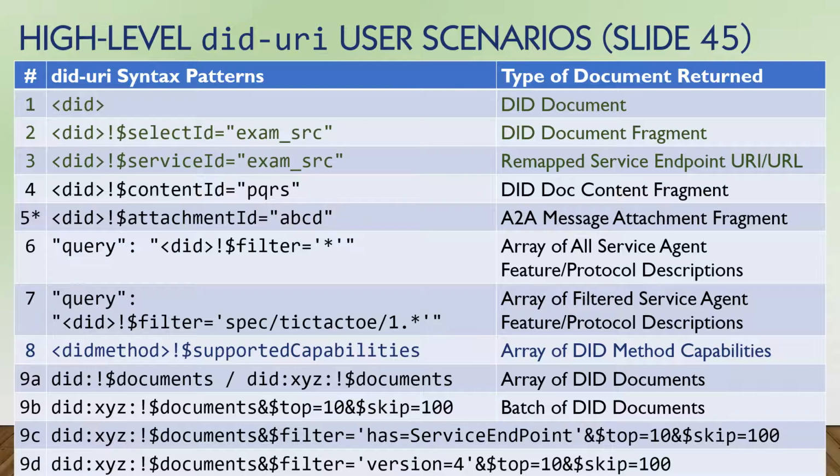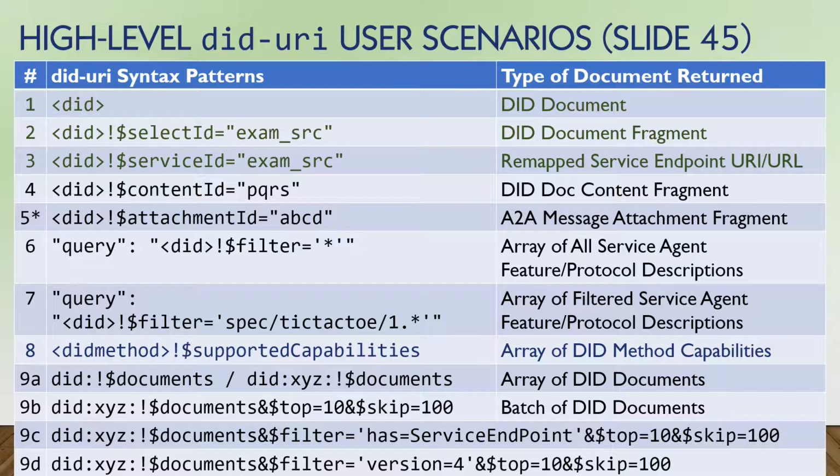Number 8, if we pass in a DID method like did:foo: or did:solve: and we pipe that into $service capabilities, we're going to get an array of DID method capabilities, all of the DID method capabilities. We might be interested for a particular resolver or for a particular DID method, in this case did:XYZ: and simply getting all of the documents.